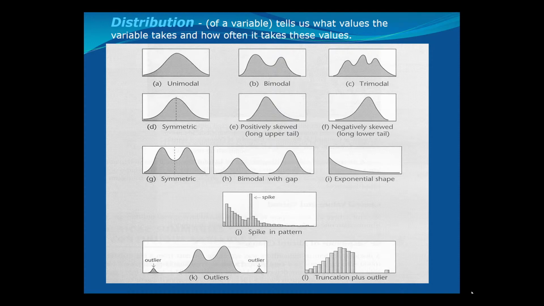So there are different types of distribution of a variable. Due to the distribution, we can use different statistical methods. So the first step is to understand which variable should be analyzed, and if the variable is quantitative, we need to understand the type of distribution.